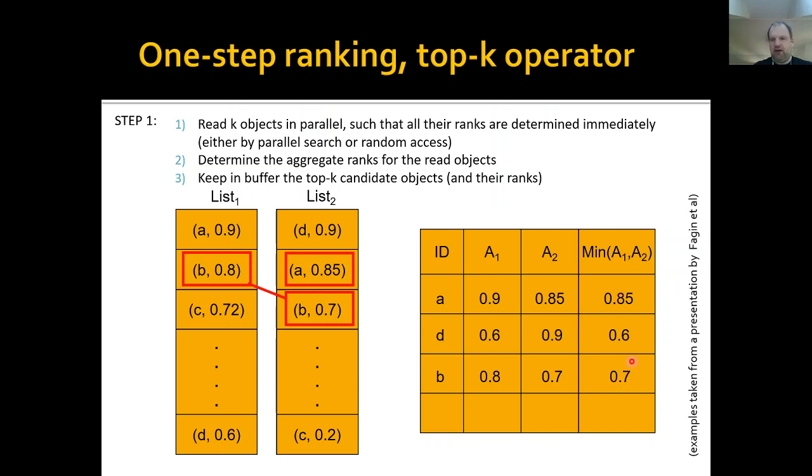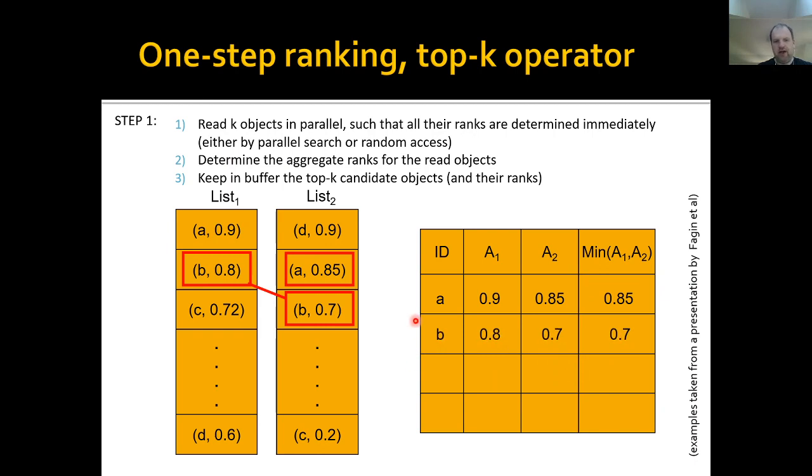Now we have 3 candidates, but we search for 2 objects. We have top 2 candidates, top K, where K is 2. So we have 3 here. So we don't need the worst anymore, which is D. So we just delete D, and B is the new second candidate.